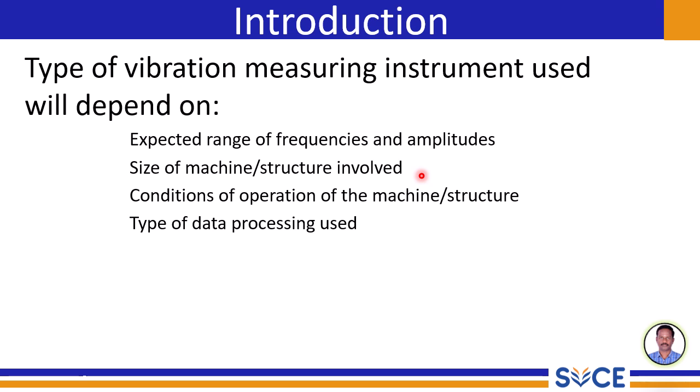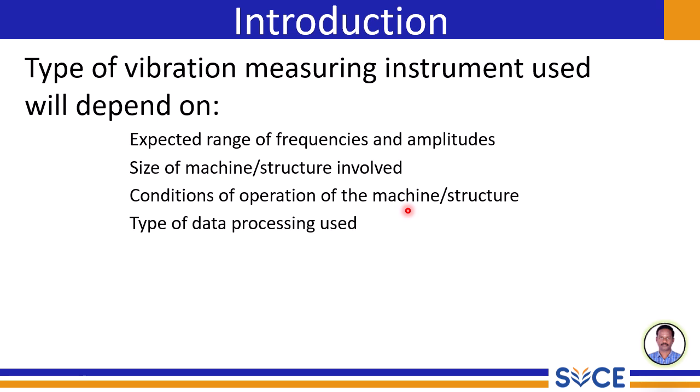Conversely, for small or intricate mechanisms, we might require miniature and lightweight transducers to avoid significantly affecting the system dynamics. Accessibility for sensor placement is also a very important factor related to the size and geometry of the transducers.